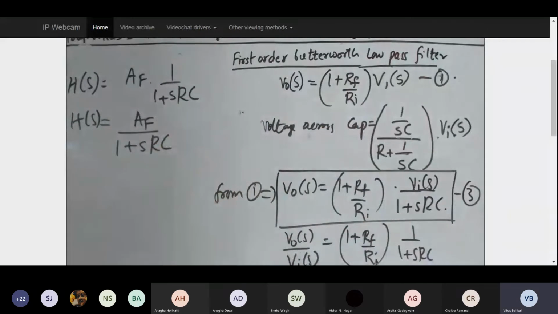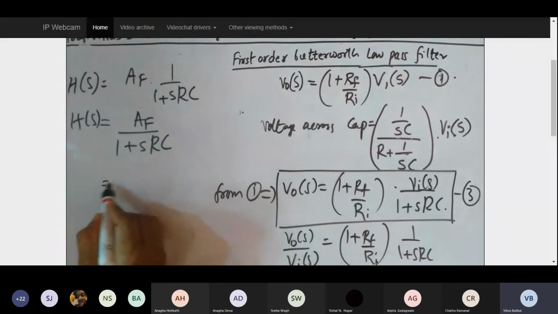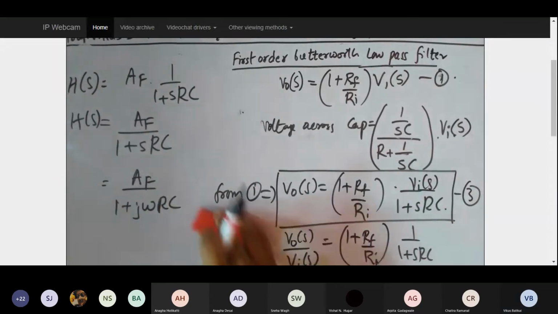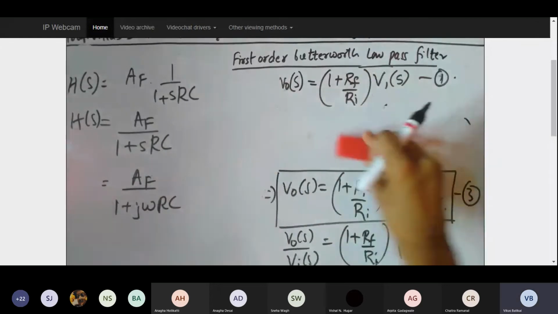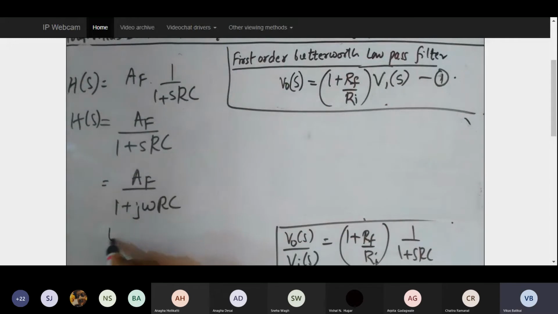Now from here onwards, let me break down this S term. S is my frequency component, which I usually represent by the term J omega. Since I'm dealing with frequency, that's the reason I introduced that S term.